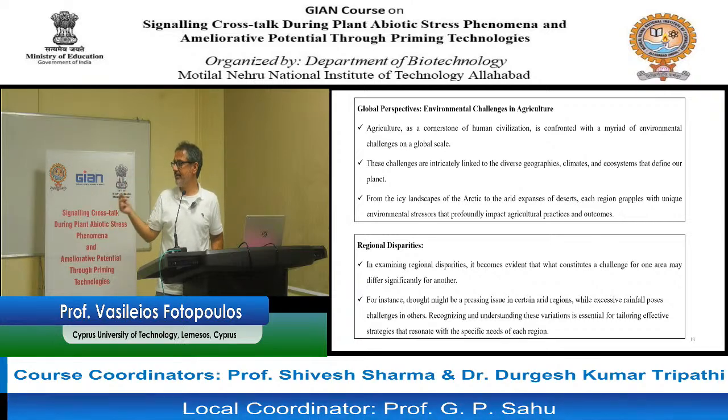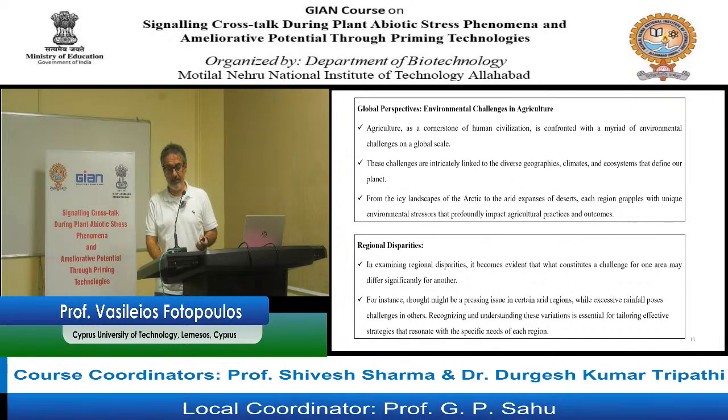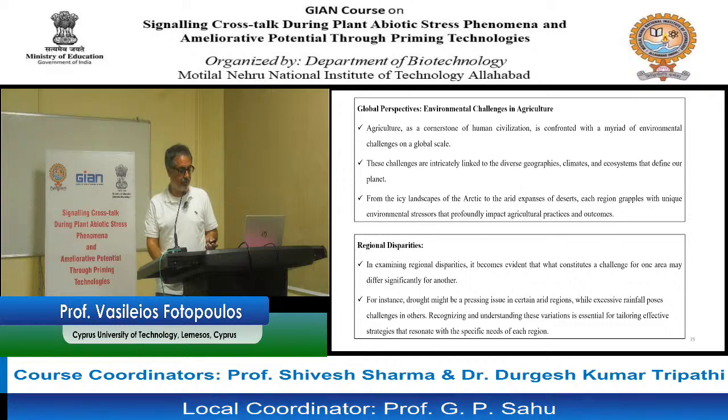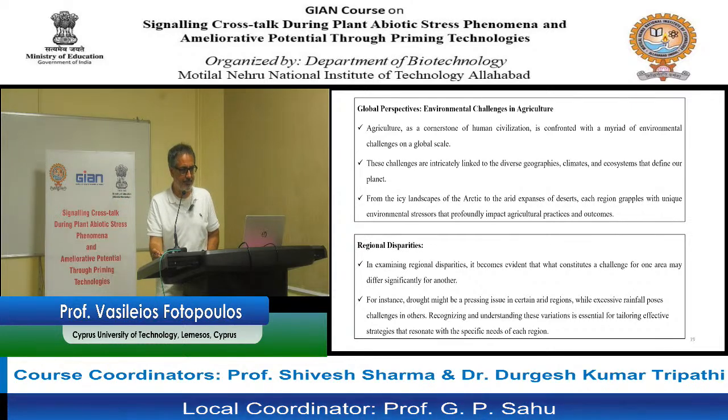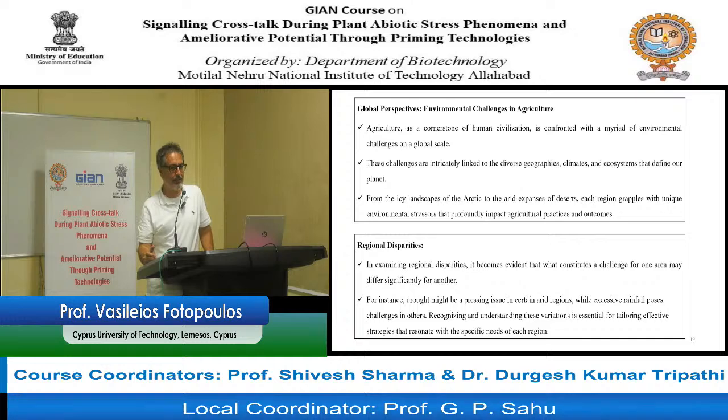And recognizing and understanding these variations is key to tailoring effective strategies that resonate with the needs of each specific region. So in simple words, your approach as Indian researchers should be tailor-made to your specific needs. Okay? In my case, for example, I usually reach out to the local industry and I try to figure out what problem they have.